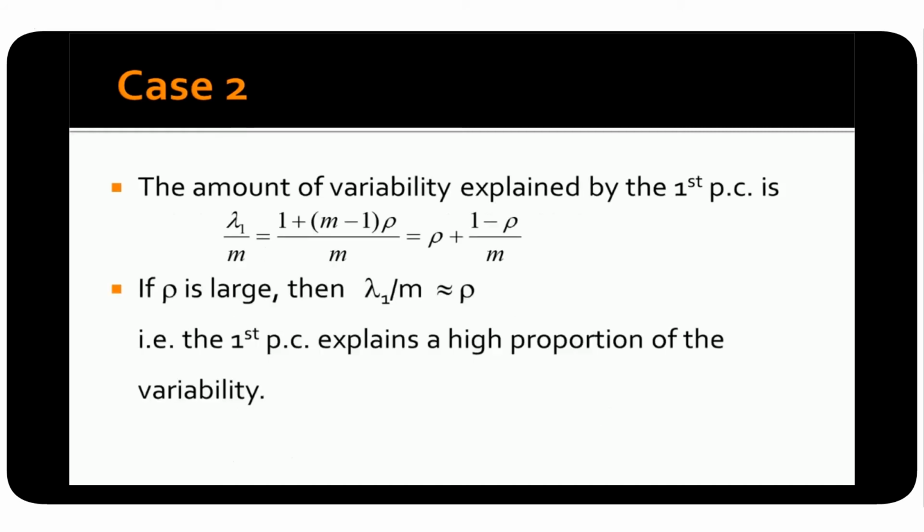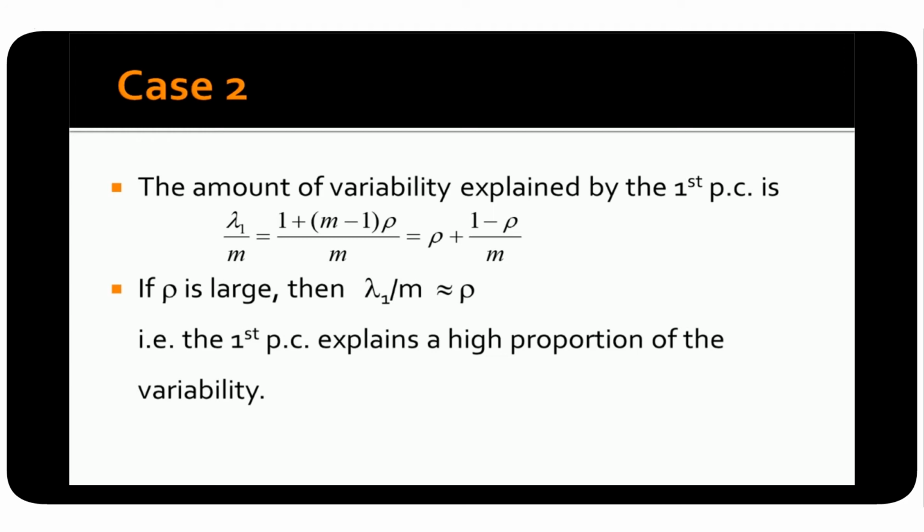More importantly, let us look at how much of the proportion of the total variability the first principal component accounts for. Remember, this would be given by lambda 1 by m, and we have 1 plus (m minus 1) into rho, by m, and that is equal to rho plus (1 minus rho) by m.